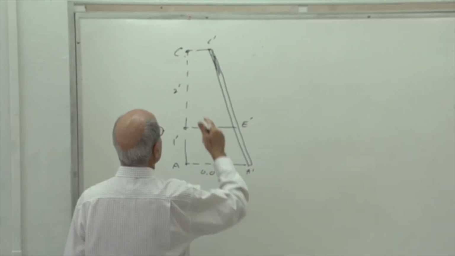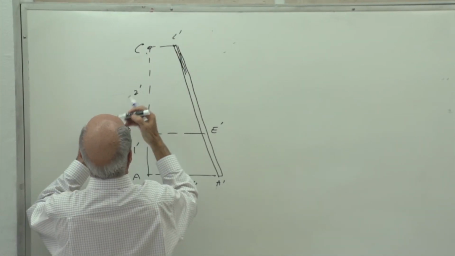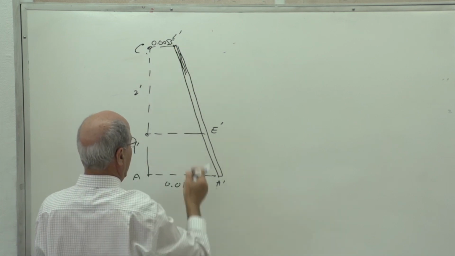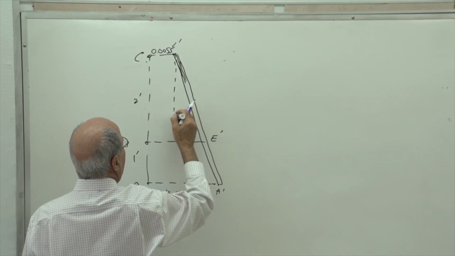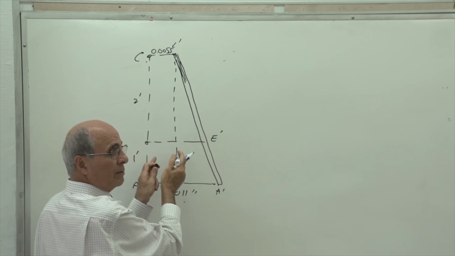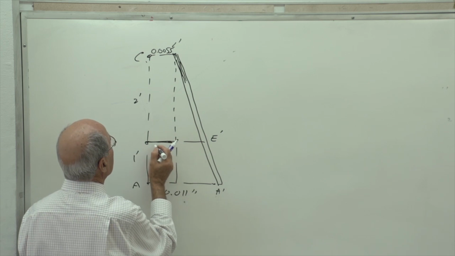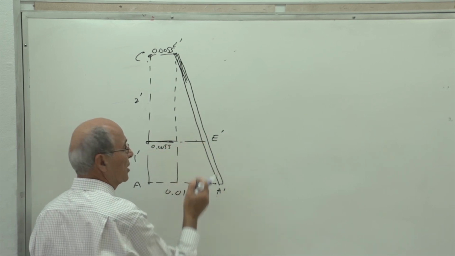I divide that into, look at, first of all, this is 0.0055, which is exactly half of this, yes or no? Therefore, I divide that into a rectangle and a triangle. This length is 0.0055, and I need to calculate this one.